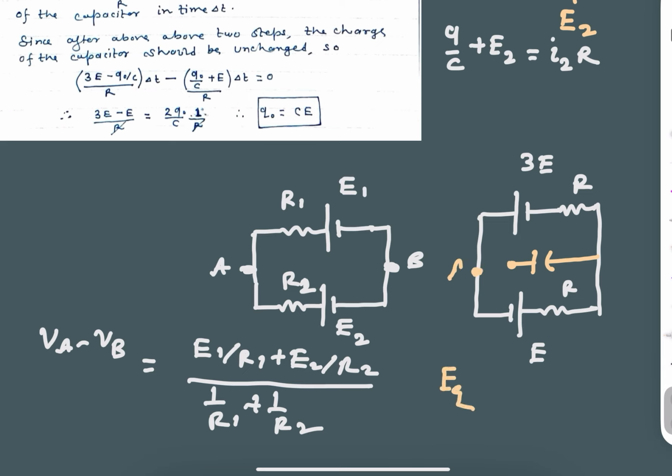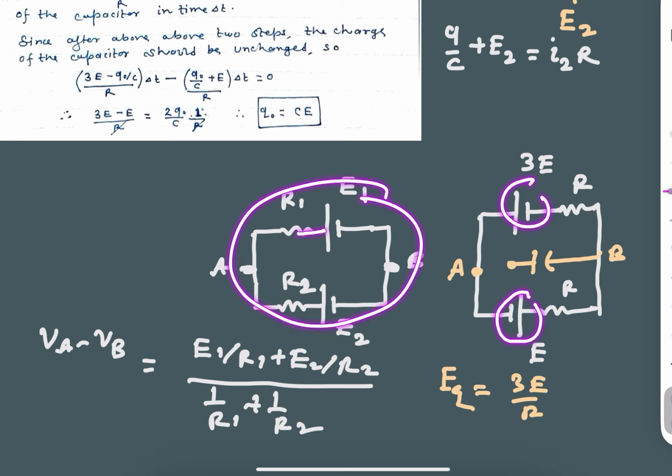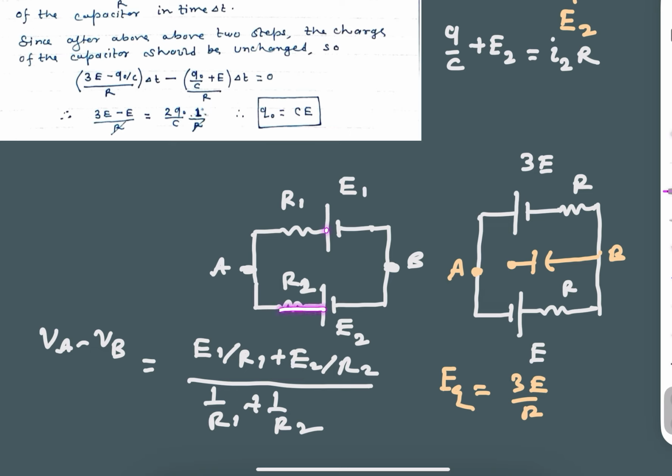Let us say A and B. It is 3E by R, and here polarity is different from here. You compare here, they have same polarities and similar plates are on one side. Here opposite plates are on one side.